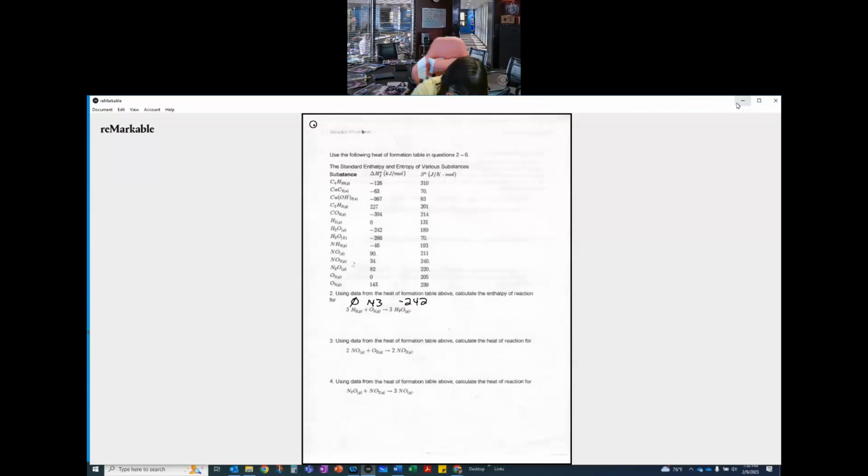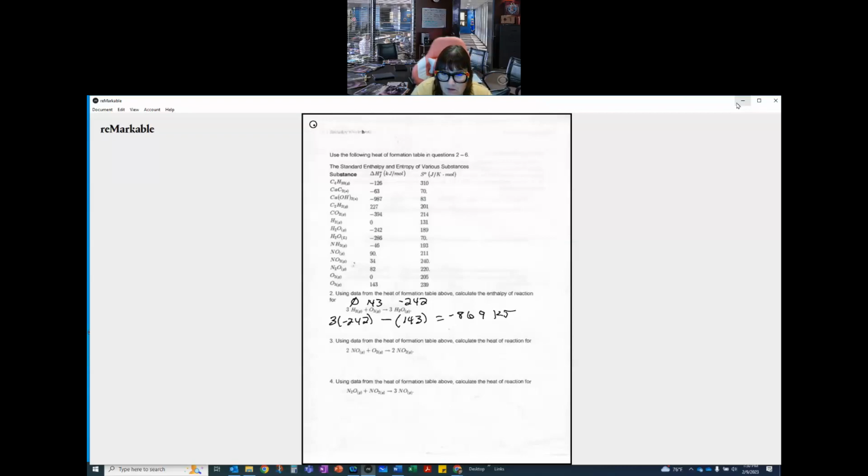Okay. So 3 times the negative 242 minus the quantity of 143, because I have plus a 3 times a 0. So 3 times negative 242 minus 143 gives me negative 869 kilojoules.